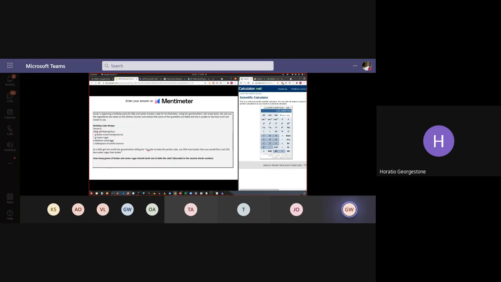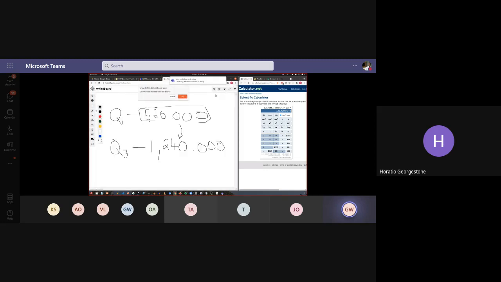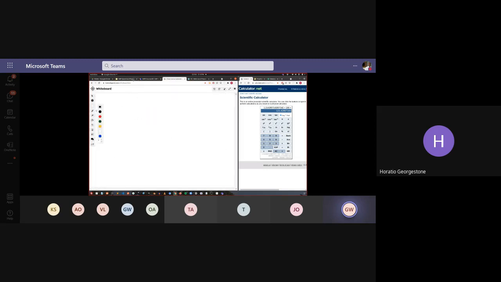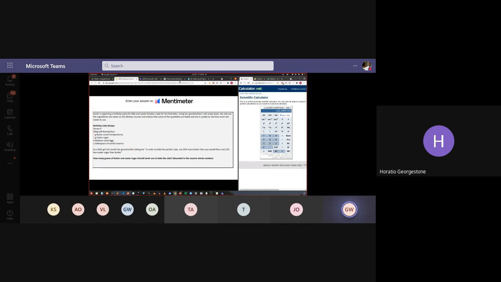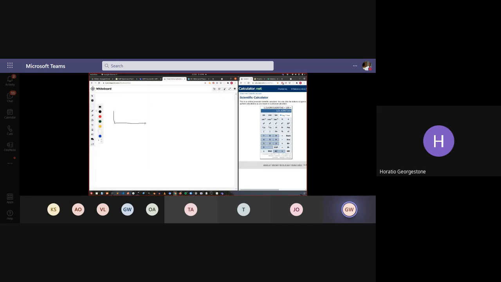But it says use 50% more butter than you would flour. So in other words, the butter is more than the flour. It's the same amount as the flour and then 50% more again. So if this is the flour, the butter is that much plus 50% of that much.